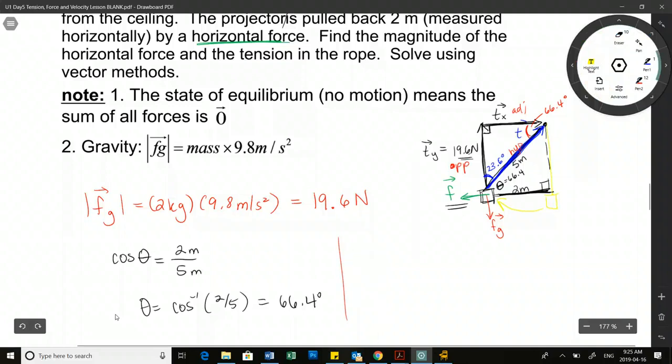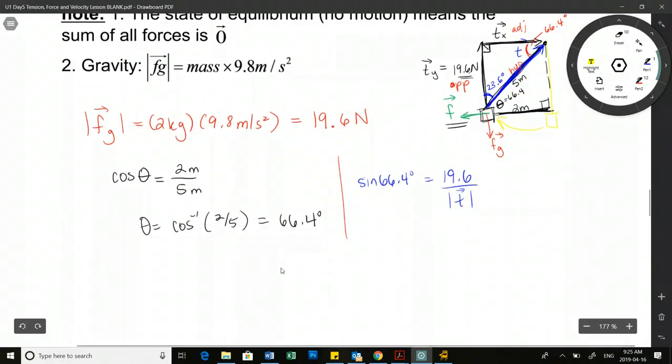So 66.4, I have opposite, and I'm looking for hypotenuse right now. So we'll use sine. And this is going to be the magnitude of the opposite vector over the magnitude of that hypotenuse, which is our tension vector.